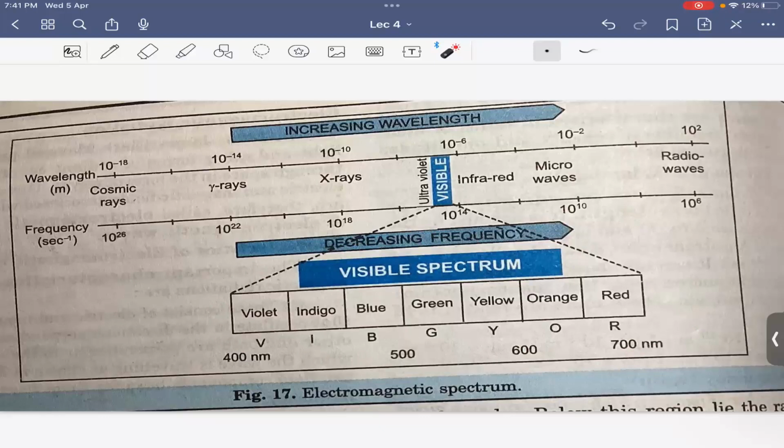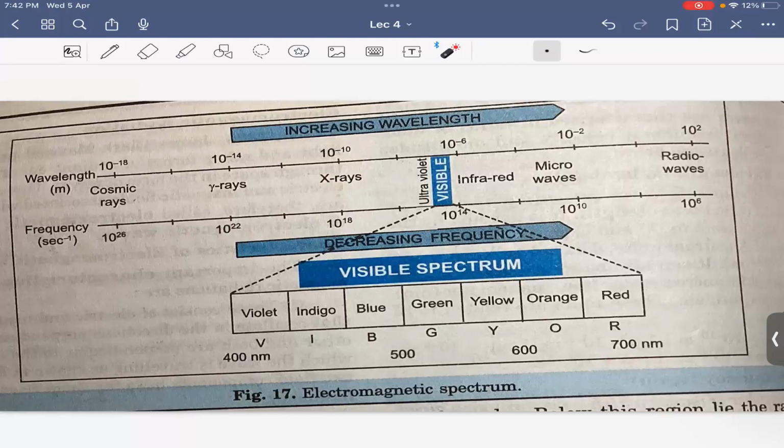Different colors in the spectrum correspond to waves of different wavelengths and frequencies. Out of the various colors in the visible range, violet corresponds to radiation of maximum frequency, that is 7.5 into 10 to the power 14 hertz, and minimum wavelength, that is 380 nanometers, while the red color corresponds to radiation of minimum frequency, that is 4 into 10 to the power 14 hertz, and maximum wavelength, that is around 760 nanometers.